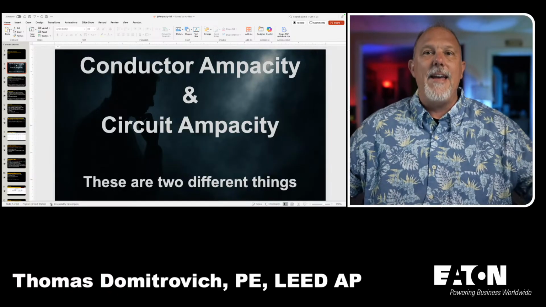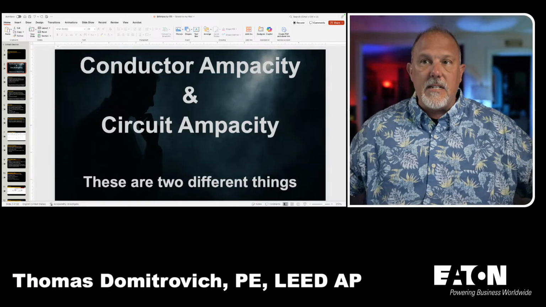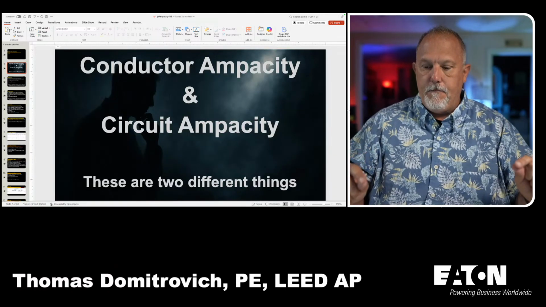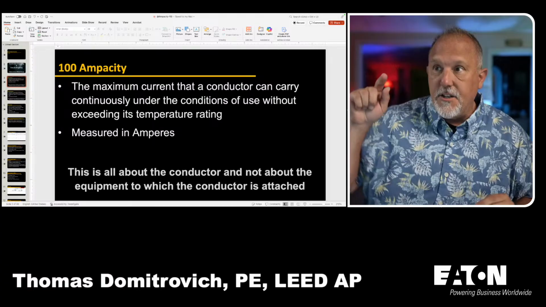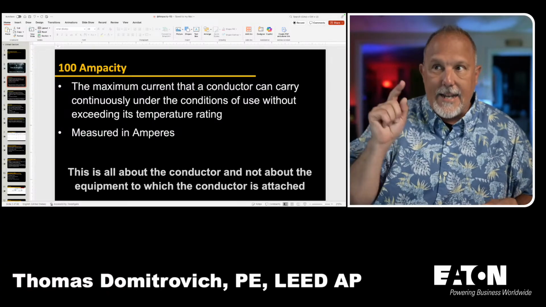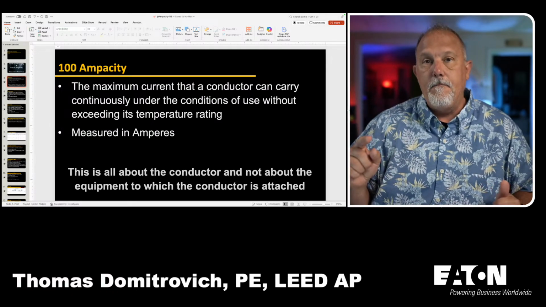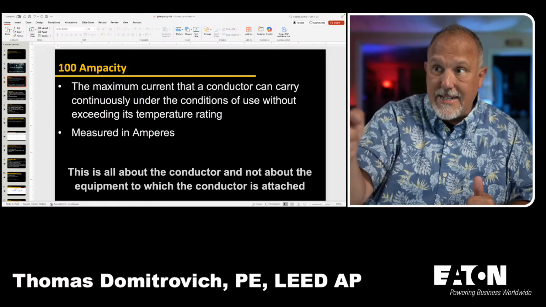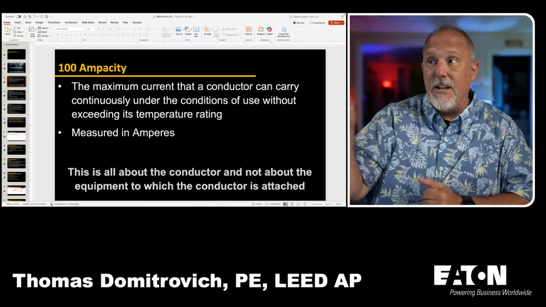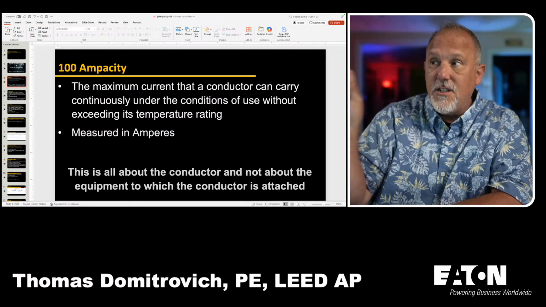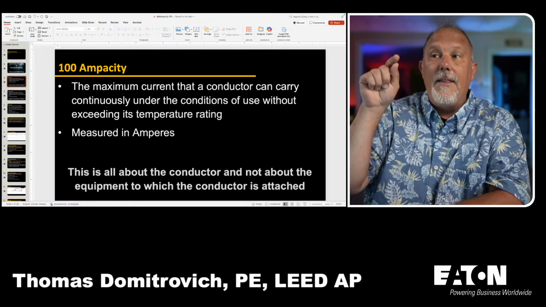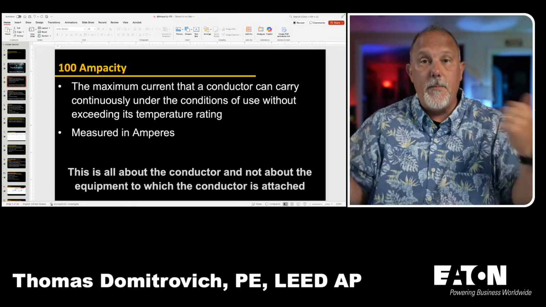Once I land, if I have equipment that places an additional restraint, I'm not doing that because the conductor can't carry it continuously, else it damages itself, exceeding its temperature rating, right? It says under conditions of use without exceeding its temperature rating. That doesn't speak to the equipment on either end.